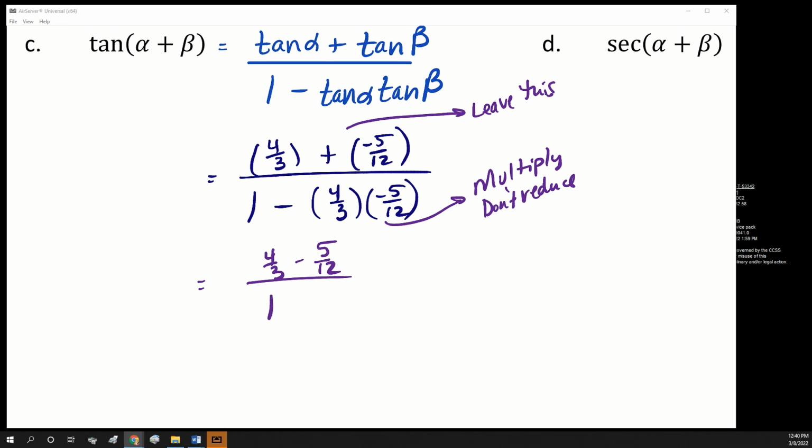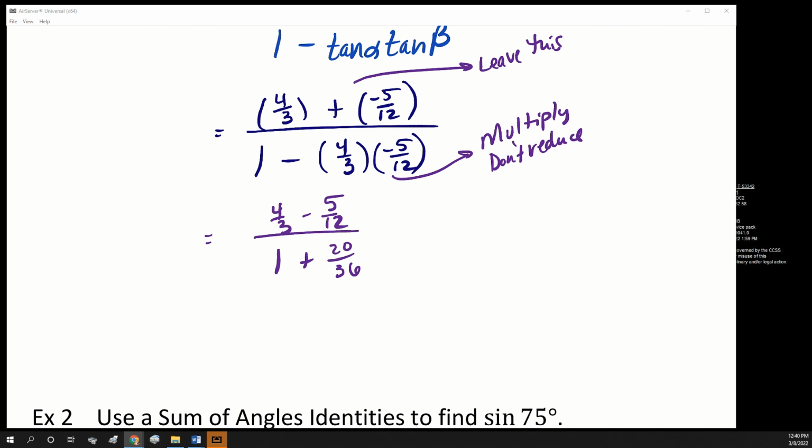All right, so multiply negative times a negative is a positive, and then 4 times 5 is 20. 3 times 12 is 36. All right, so if you do these things like what we wrote, this number right here will be the number that you're going to multiply by to get rid of all the little fractions.